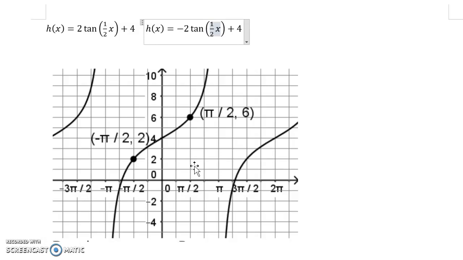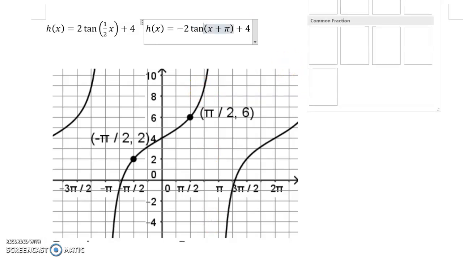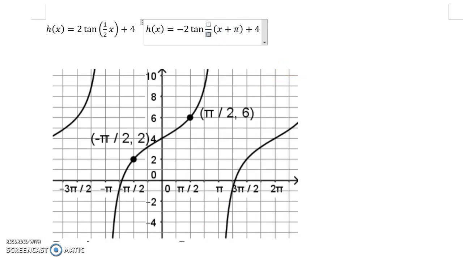So let me take the 1/2 out of my parenthesis. Okay, we're going to say x plus pi, which explains how my vertical asymptote went from x equals 0 now to x equals pi. But remember, my period change still stayed. There's still a period of 2 pi here, so I still need to add the 1/2 back on. Okay, type in the 1/2.